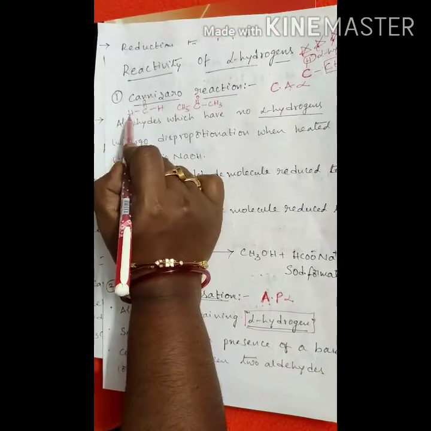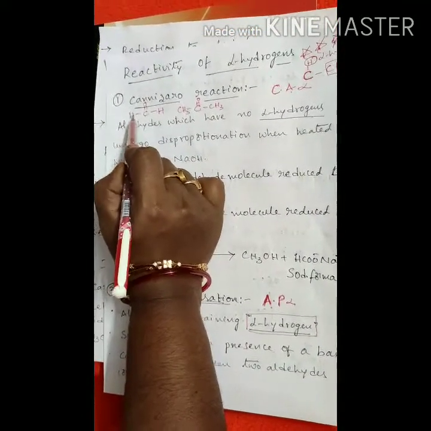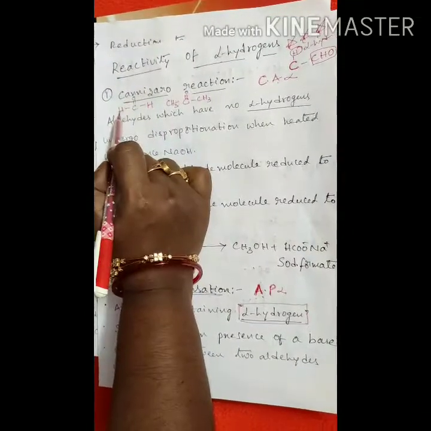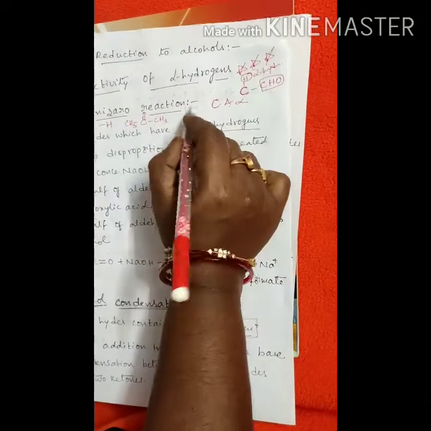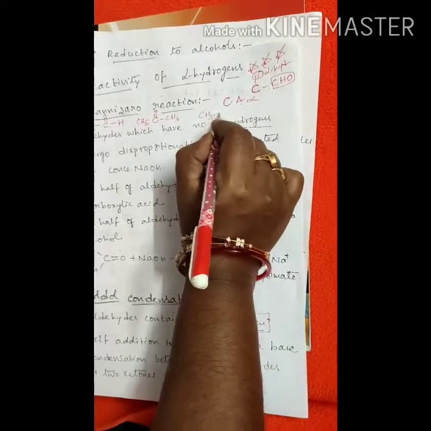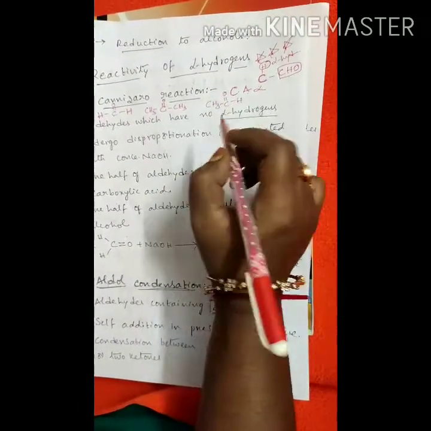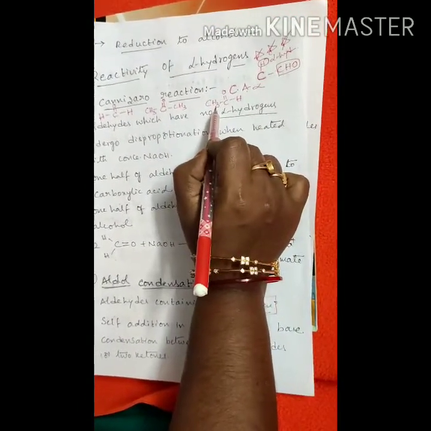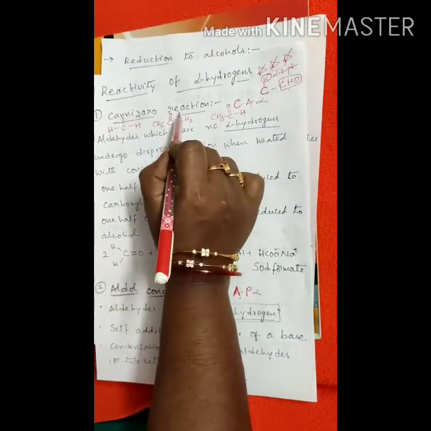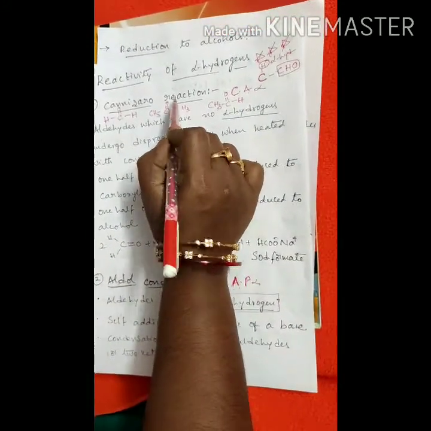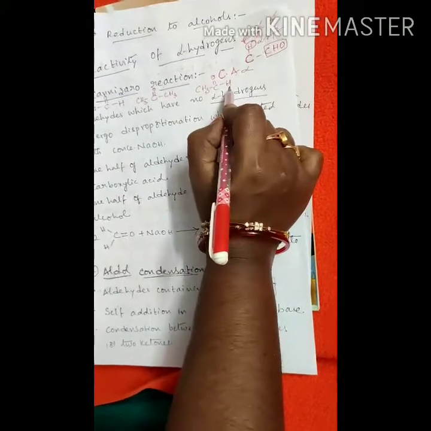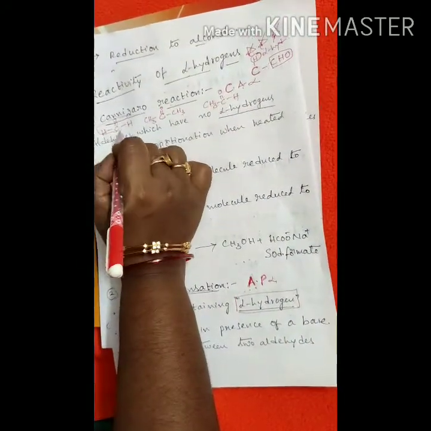Here there is no carbon, so the hydrogen is present at the alpha position but it is not said to be an alpha hydrogen. For CH3CHO, it consists of alpha hydrogen. So the Cannizzaro reaction is not applicable for ketones and higher aldehydes. It is only applicable for formaldehyde.